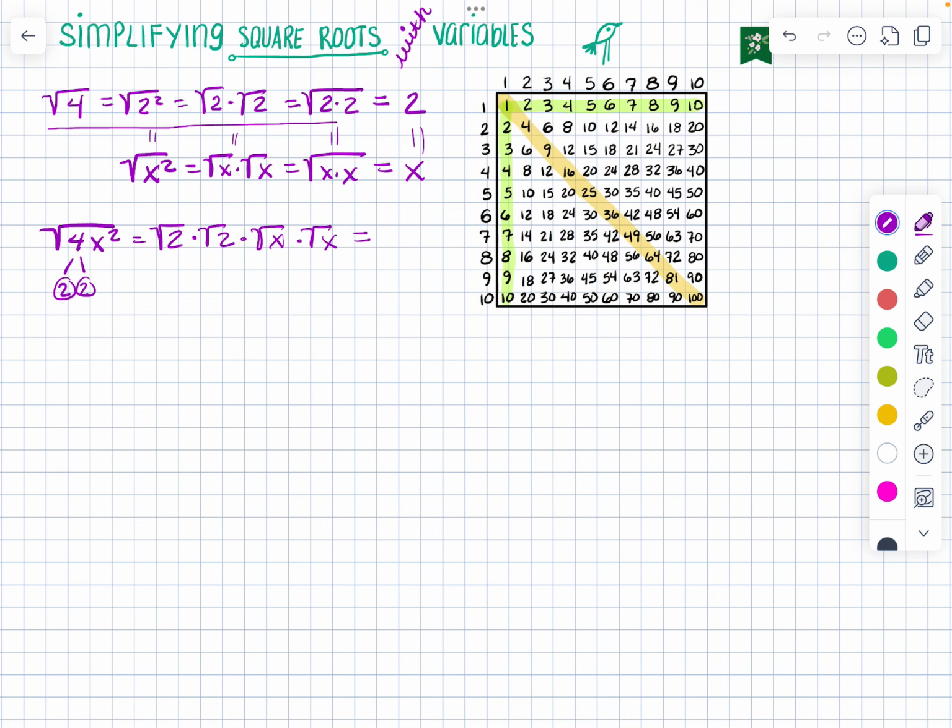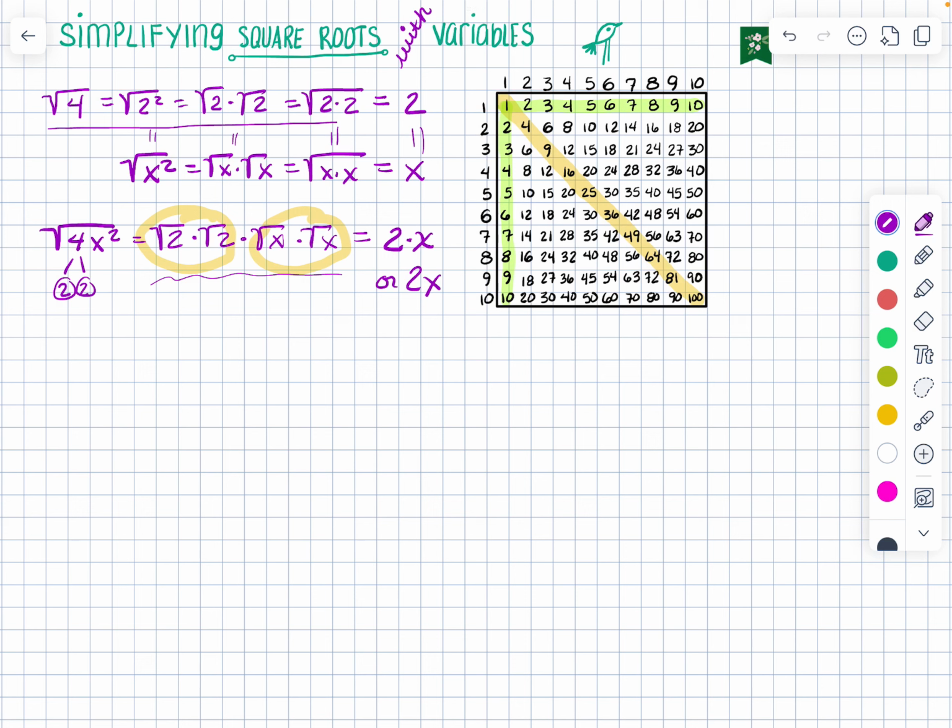And this is going to yield, let's see, we're going to combine all the pairs of numbers and variables, so we know what we can take out from underneath the radical. So now we get 2 times x, or just 2x. Okay? Eventually you'll be able to see this without going through all of this, but it's good to understand how it happens.